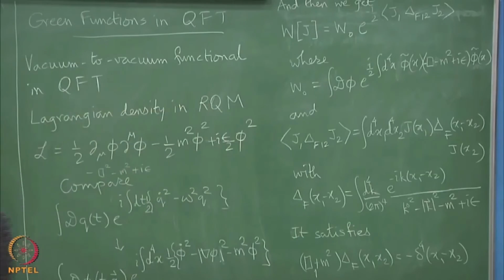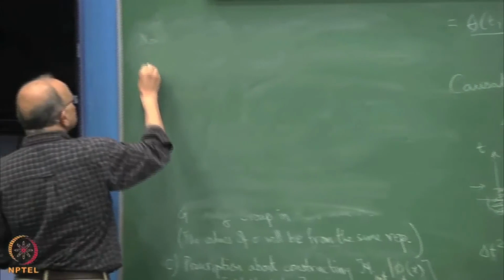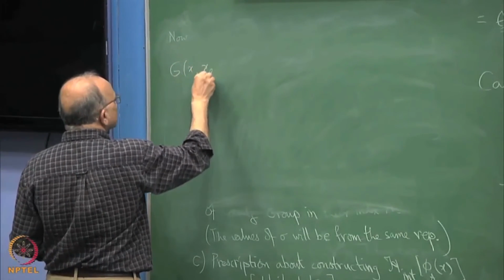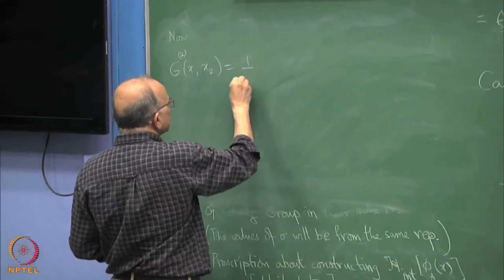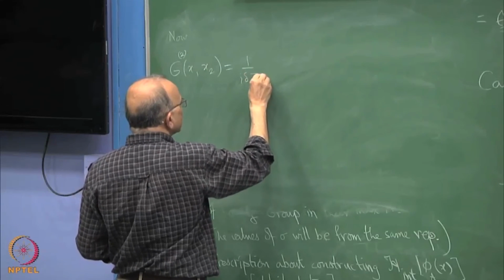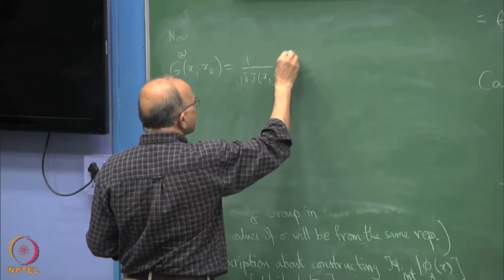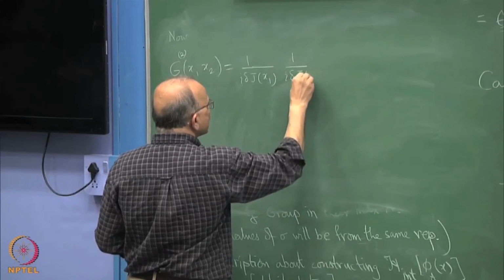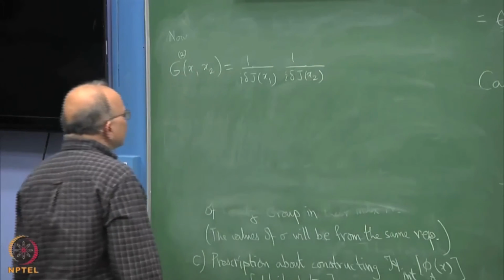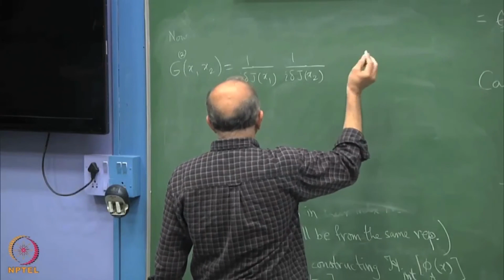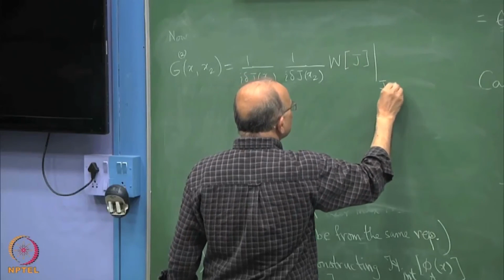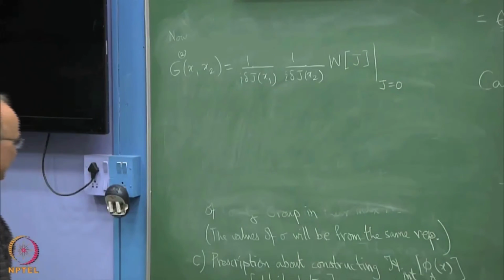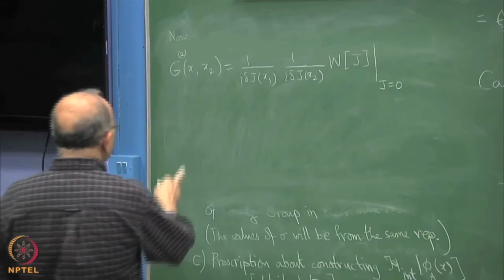If you now use your machinery of varying with respect to the external current, often people put this 2 because you go to n-point functions, this W, evaluated at J equal to 0, you will find the Feynman propagator here.